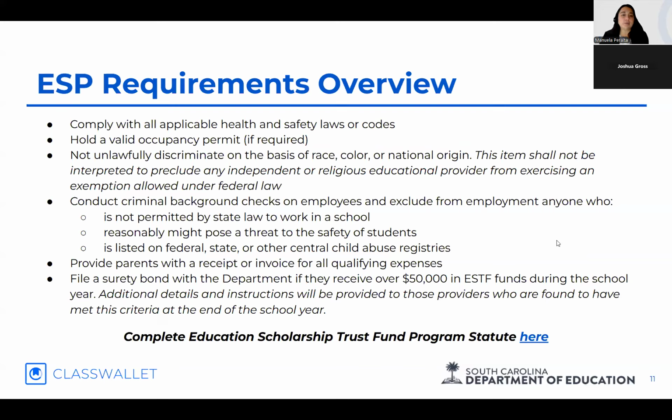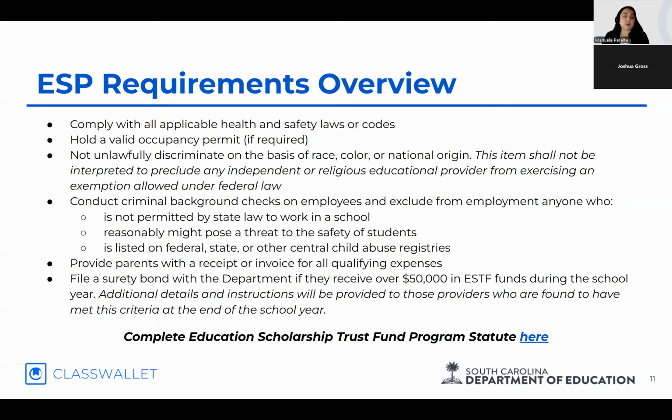Some additional requirements for service providers include complying with all applicable health and safety laws or codes, holding a valid occupancy permit. Service providers should not unlawfully discriminate on the basis of race, color, or national origin.